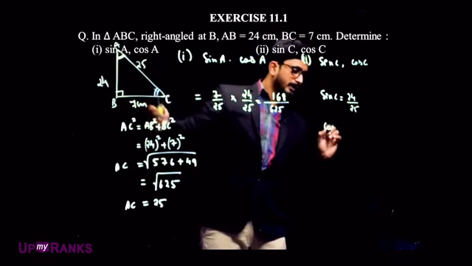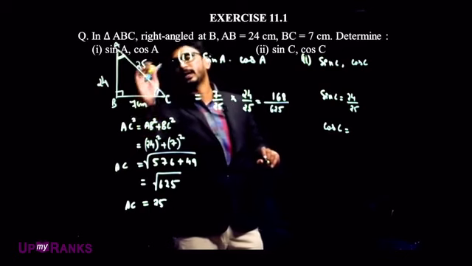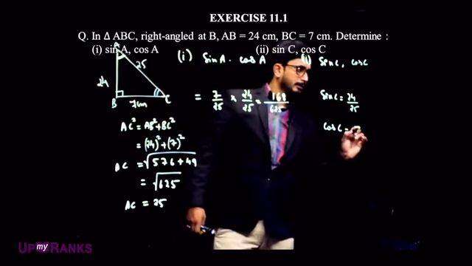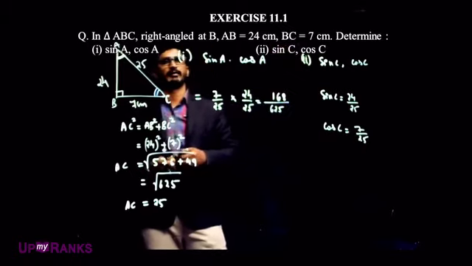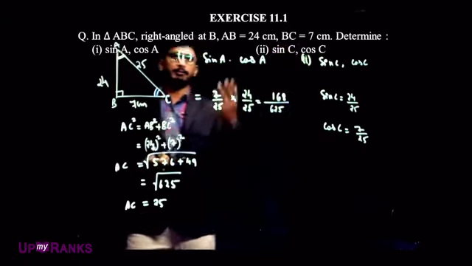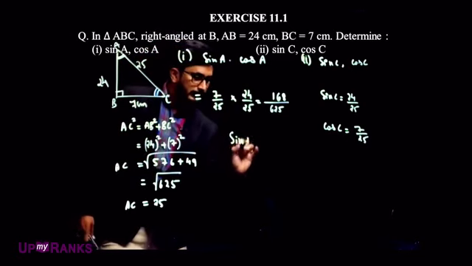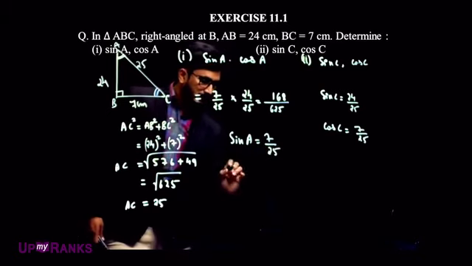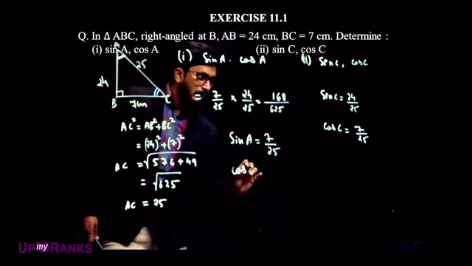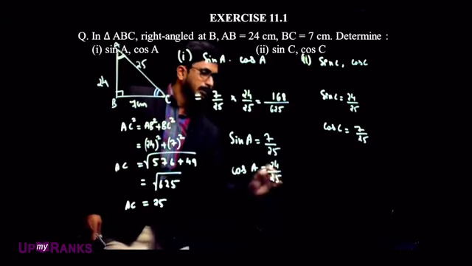Then cos C, which is adjacent by hypotenuse, which is 7 by 25. Similarly here also, if it is asked separately, sin A is 7 by 25, then cos A is 24 by 25.